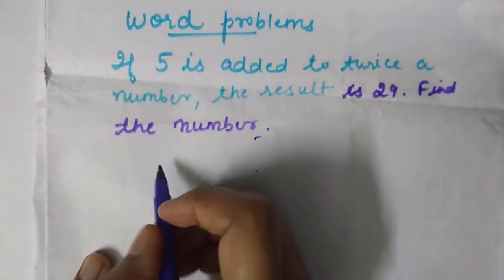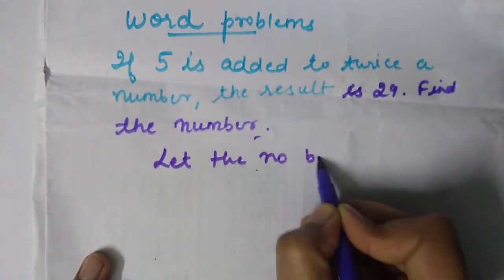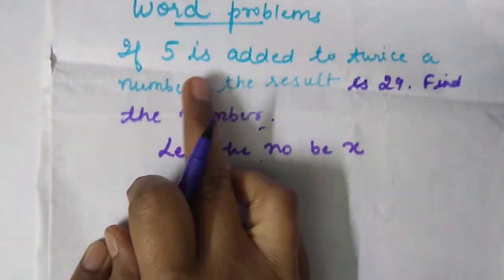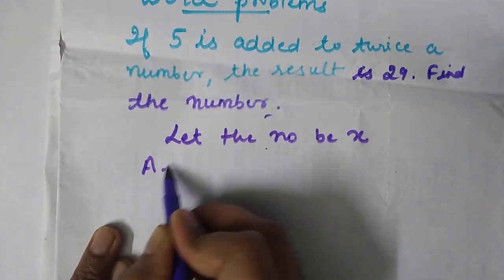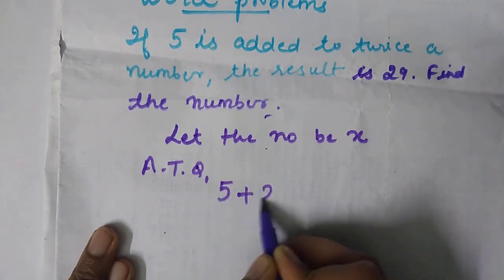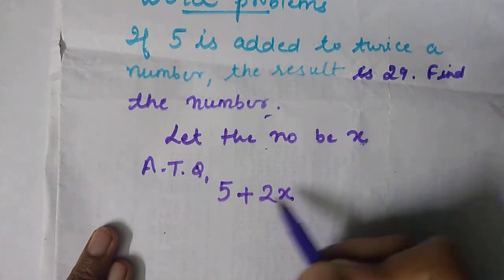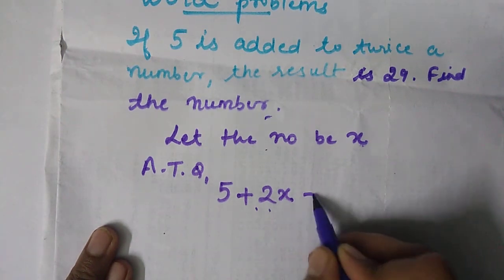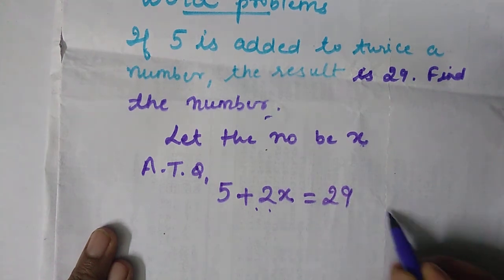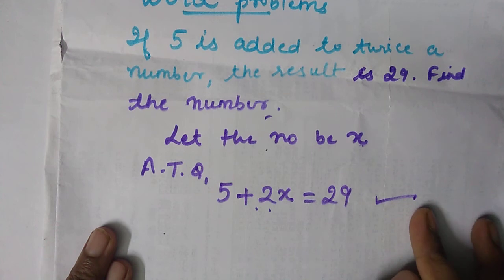So here I have to find the number, so let the number be x. Now according to the question, if 5 is added to twice the number, the result is 29. In this way, I have set up the equation, and you need to solve it yourself.